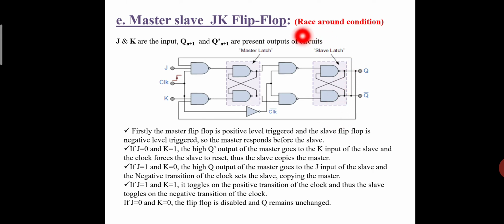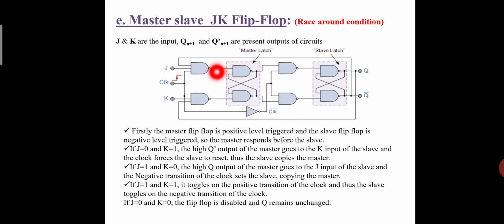It will give some wrong output. Such a state, when the clock pulse is pressed for too long a time, is called the race around condition, and it can be avoided by using a combination of two JK flip-flops.